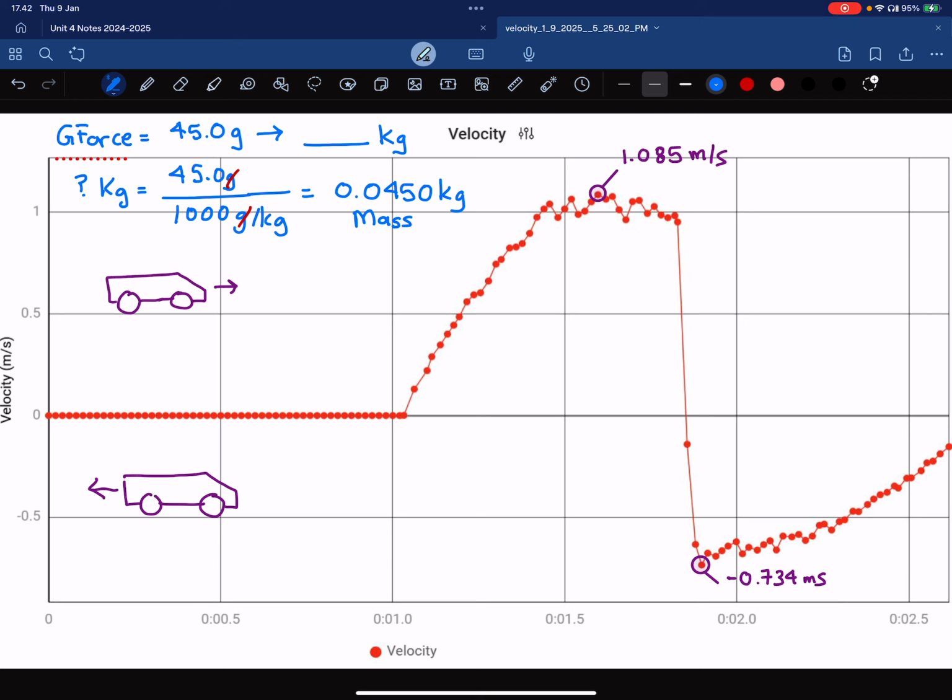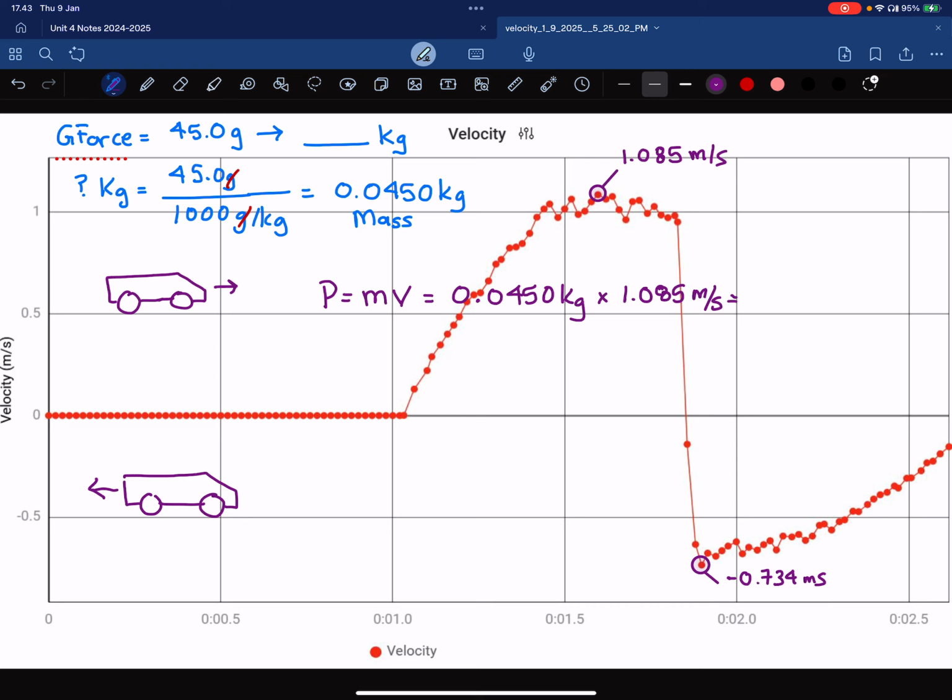All right? Now, momentum, of course, we use the abbreviation P. Momentum is mass times velocity. So the momentum here is going to be 0.045 kilograms multiplied by the velocity, 1.085 meters per second.